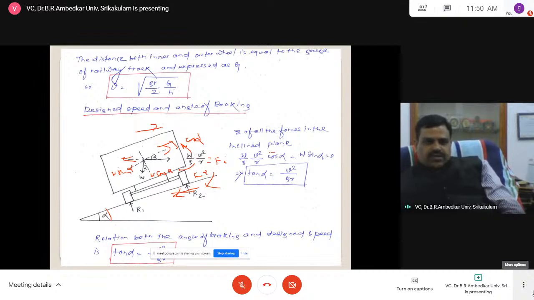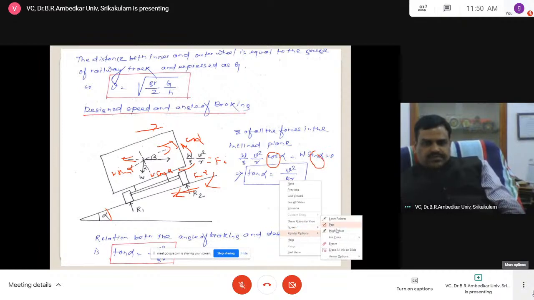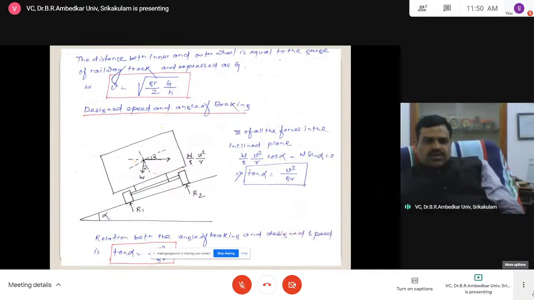From that, sin alpha by cos alpha, tan alpha is equal to V square by G R. In this case, the inertial force is acting in this direction because of the centripetal force, and this W cos alpha is acting opposite, in the negative direction.